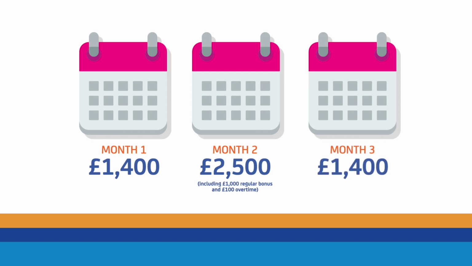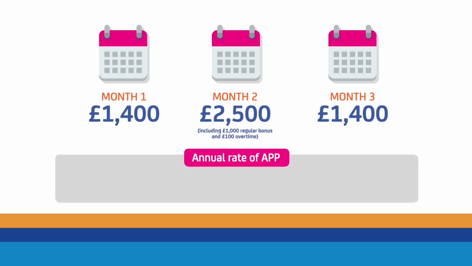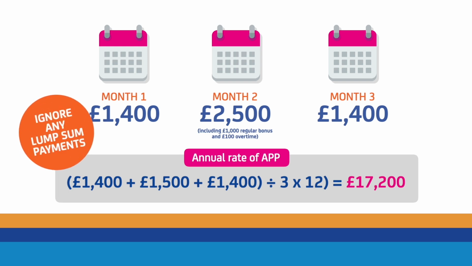Month 3 equals £1,400. Annual rate of APP equals £1,400 plus £1,500 plus £1,400 divided by 3 times 12 equals £17,200. The annual figure is then apportioned to the applicable period and replaces any pay received. Ignore any lump sum payments made.